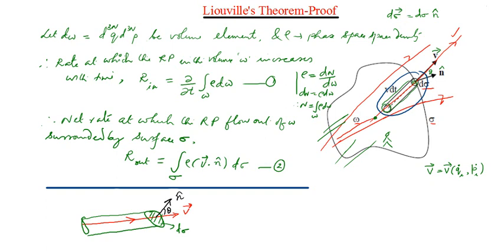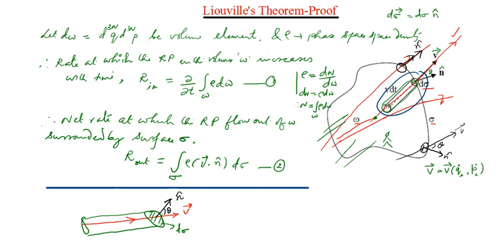For example, if you are taking an area here in this diagram, maybe the n vector is like this, but the flow is like this, so the velocity vector is like this. Can't you see that there is an angle theta here? But if here you take an area, the normal vector and the velocity vector both will be parallel.